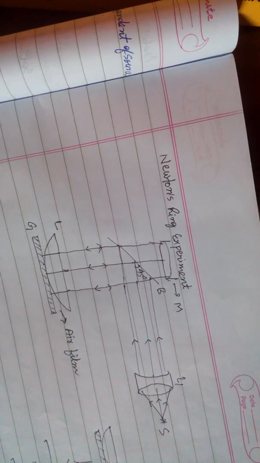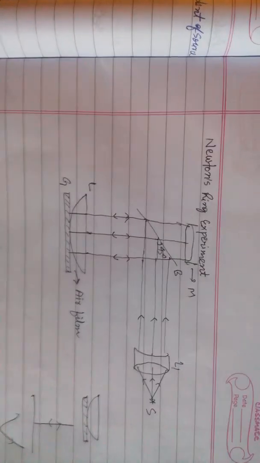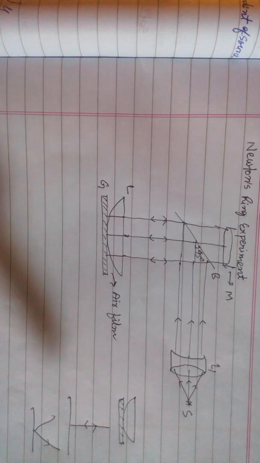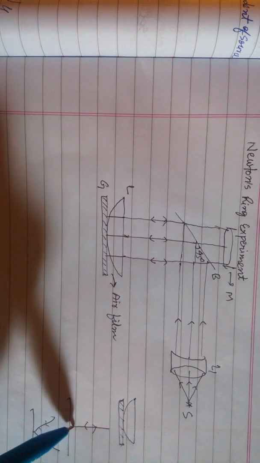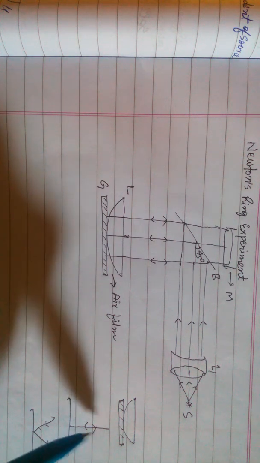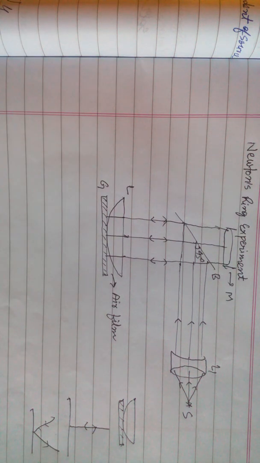If it is an oblique ray, it comes like that and goes like that, so there is an angle of incidence and an angle of reflection. Here the angle of incidence and angle of reflection are 0, because the ray is along the normal.